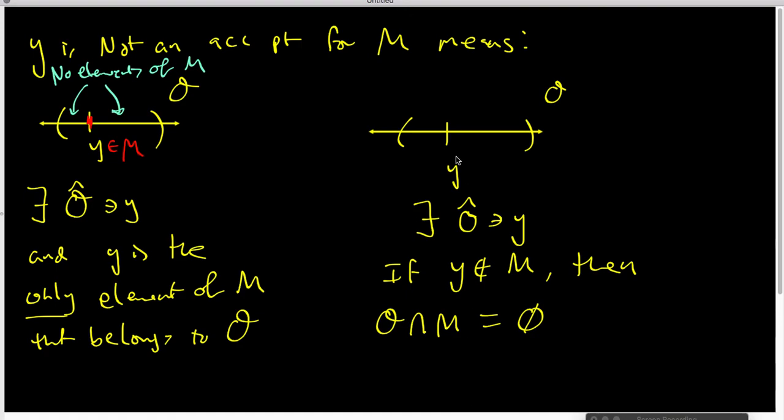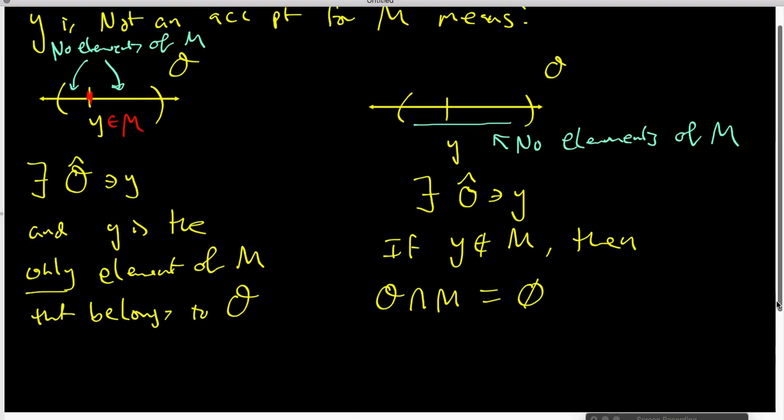In other words, over here, there are no elements of M. Now, it turns out that we're going to have one more definition. This case over here, we call y an isolated point of M.